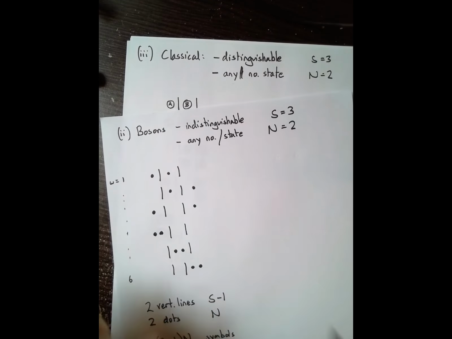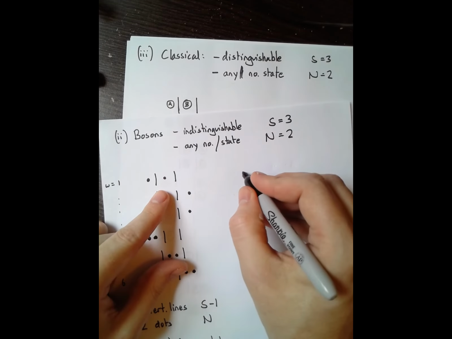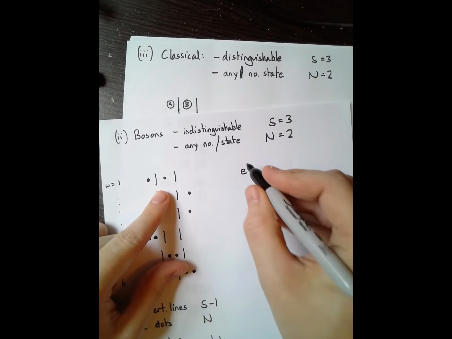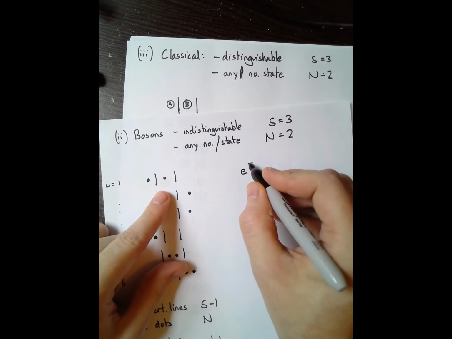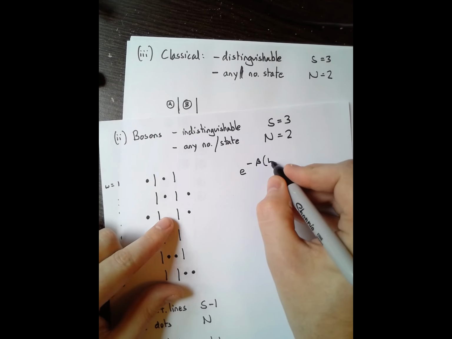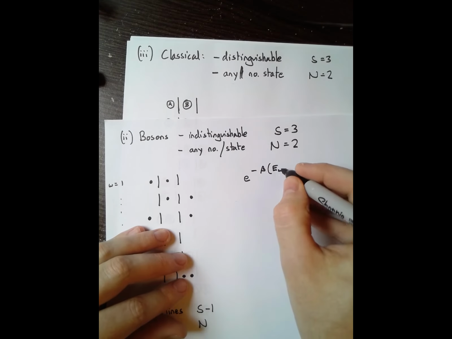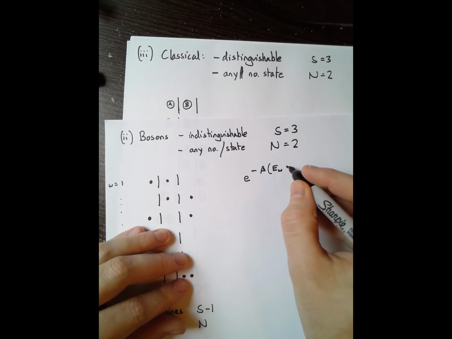Now, each of these microstates here was described by a Boltzmann factor, e to the minus beta, or a Gibbs factor. Let's do the general case of the grand canonical ensemble.